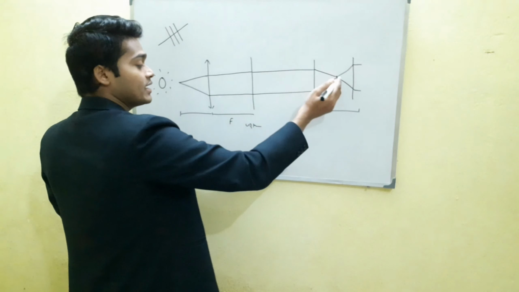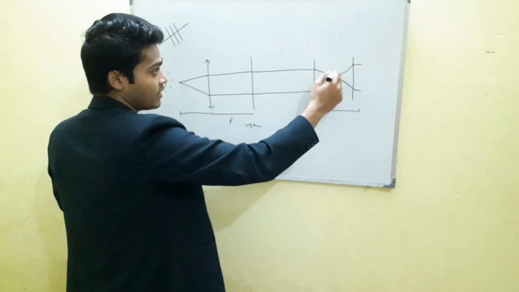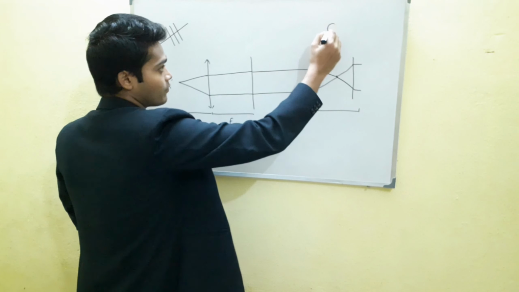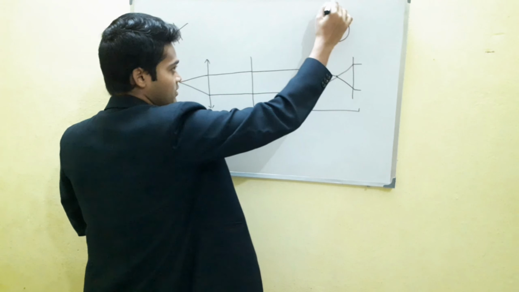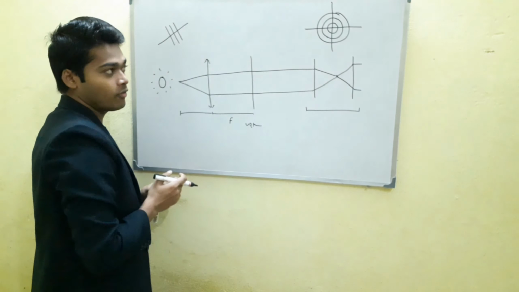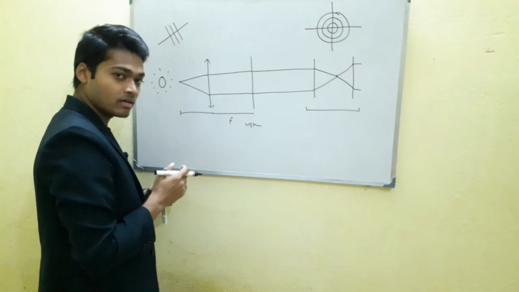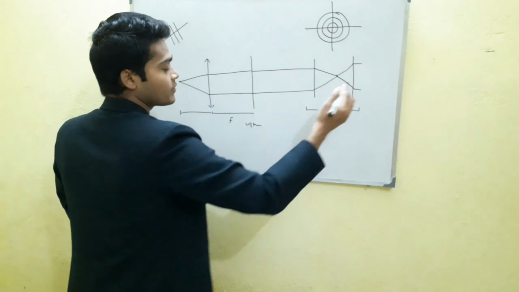In between the two lenses, where their focal points coincide, a reticle is present, and this reticle helps us to find out the prism power, how much prism is present. Later we will discuss this.